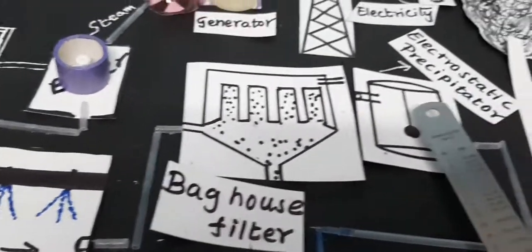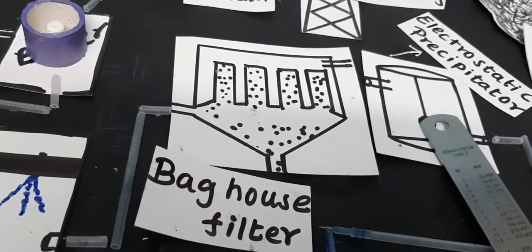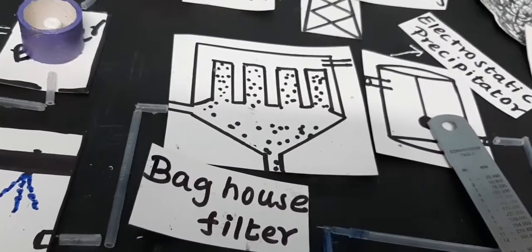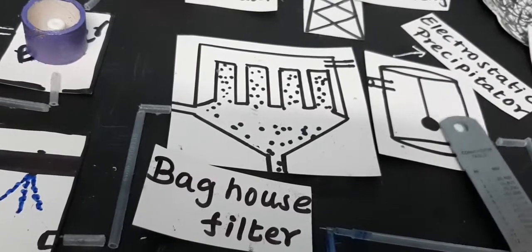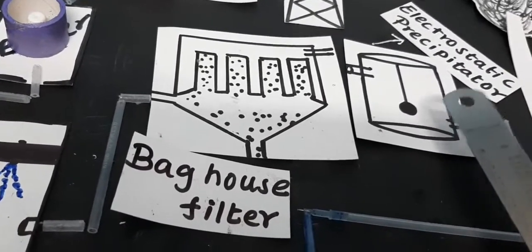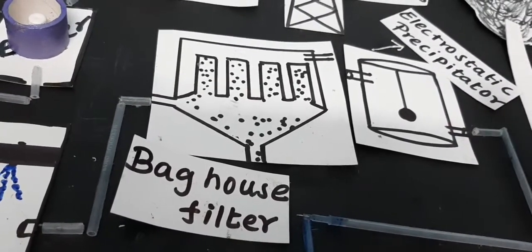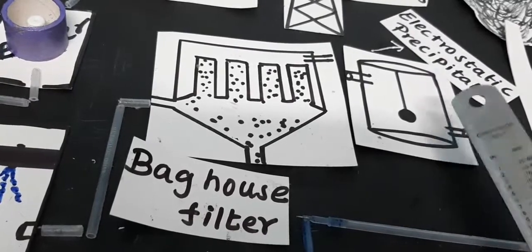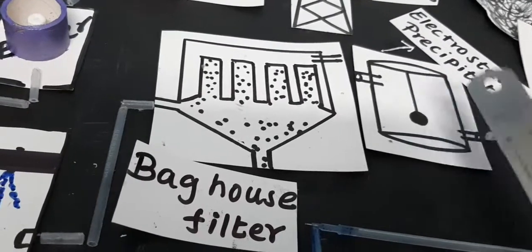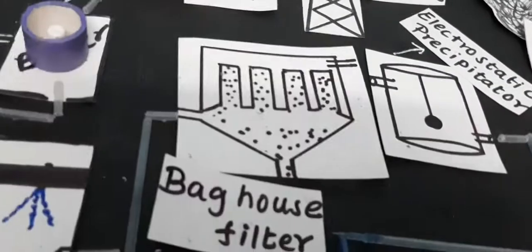Now let's see another dry scrubbing unit, the electrostatic precipitator. It is also called an electrostatic air cleaner. The device functions by applying energy only to the particulate pollutants. That is, the particulate pollutants are charged first of all.